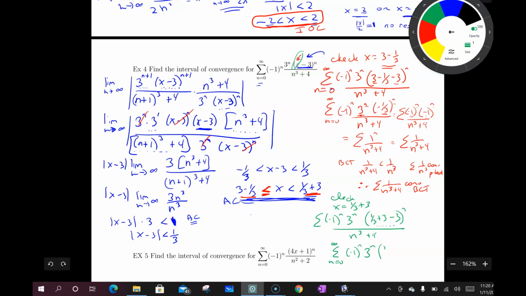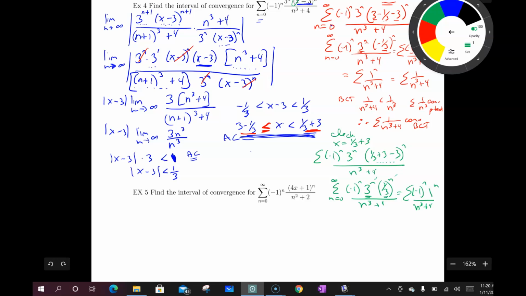I just get 1/3 to the nth power. So 1/3 and 3 multiply together since they have the same exponents. So I get a 1 to the n over n cubed plus 4. So this simplifies to negative 1 to the n, and 1 to the n is just 1, over n cubed plus 4.